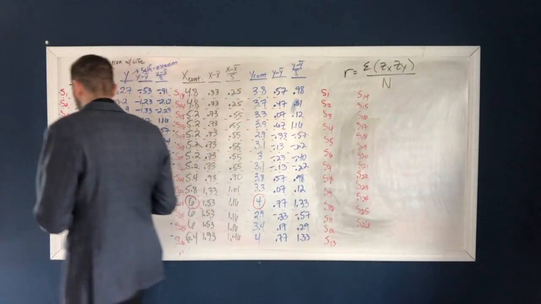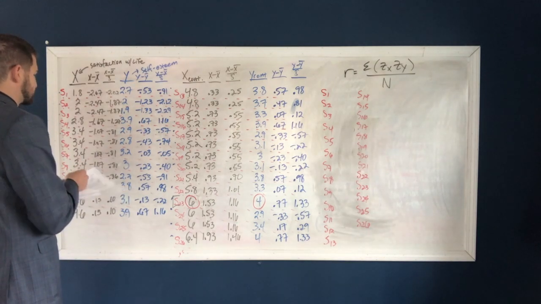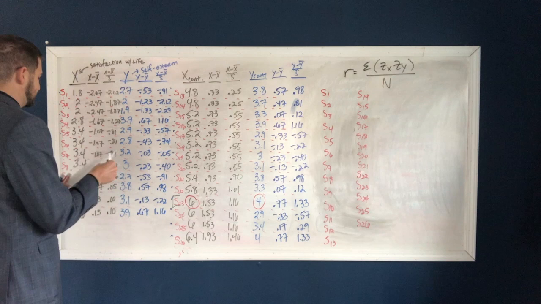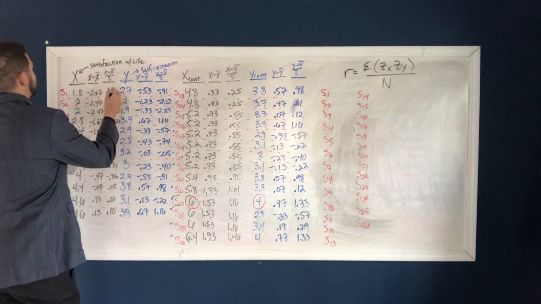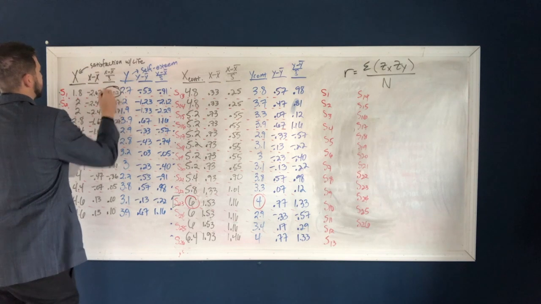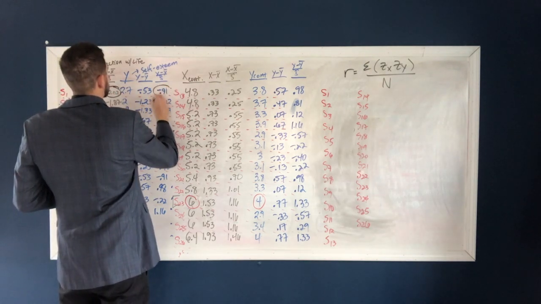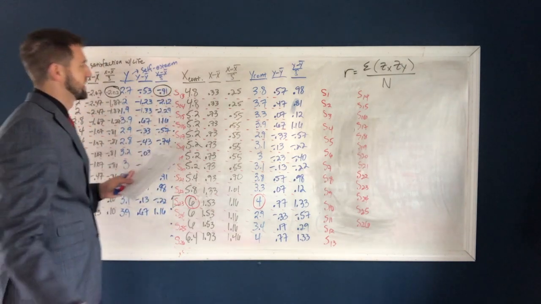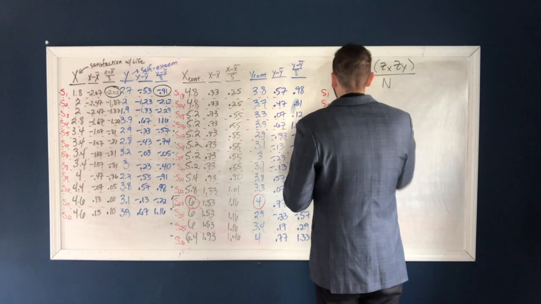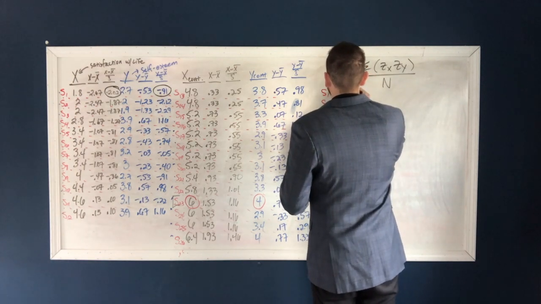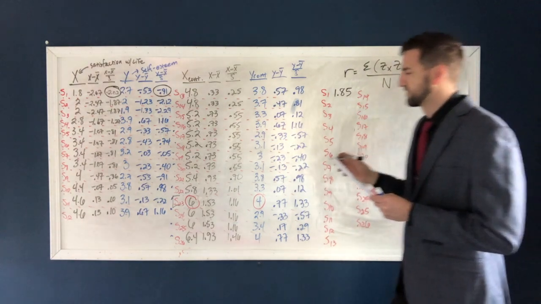And what you're going to do is multiply the z-scores. So I'll circle them and then indicate the answer. Okay, so subject 1 had a satisfaction with life z-score of negative 2.02, and they had a self-esteem z-score of negative 0.91. When you multiply the two, you get 1.85.